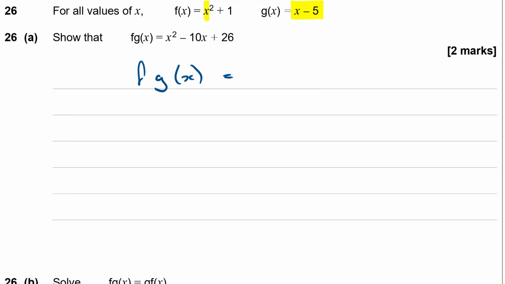So I'm going to take my x squared plus 1 and insert x minus 5 in where I see the x. And then I need to multiply that out. x minus 5 all squared.